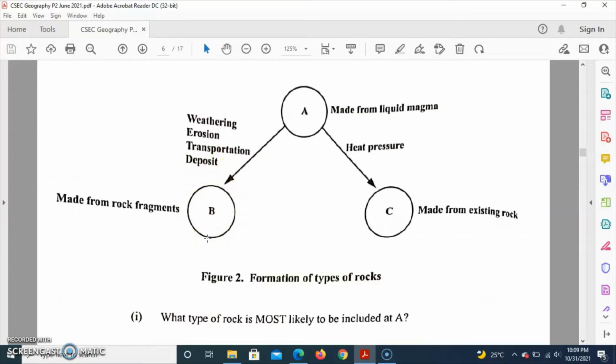What CXC wants to know is how we get metamorphic rock, which is C. Metamorphic rocks are formed when igneous rock or type A rocks are placed under heat and pressure.